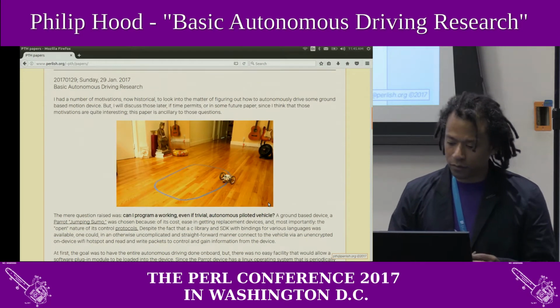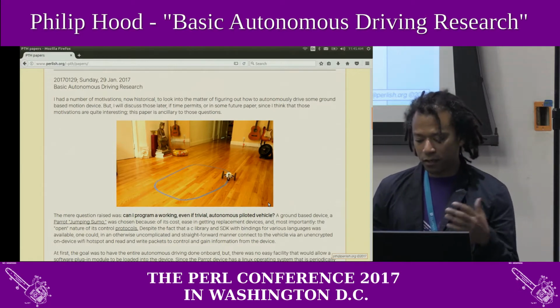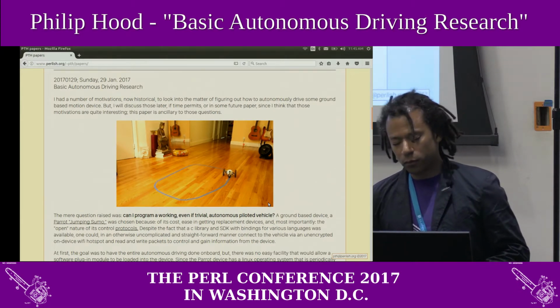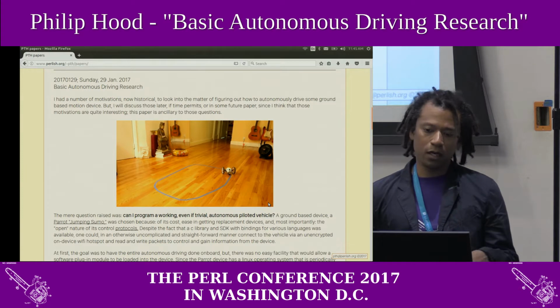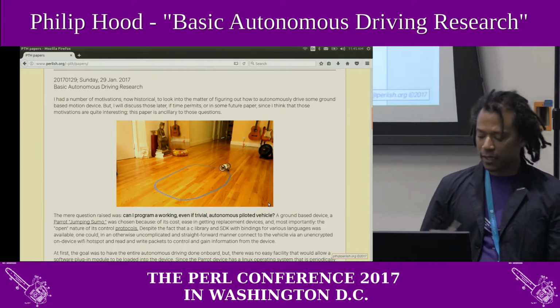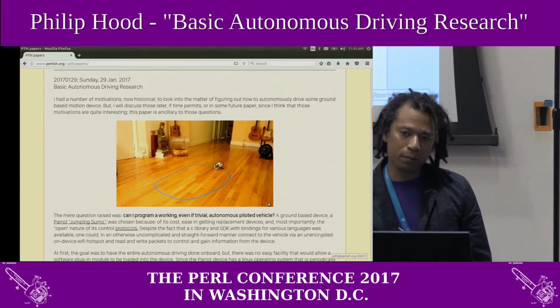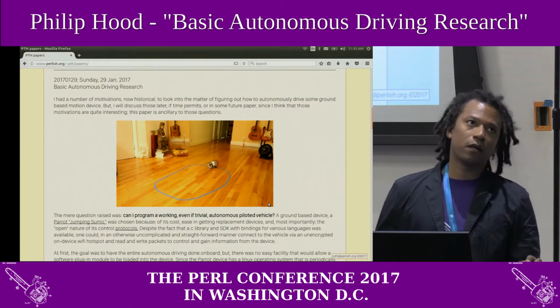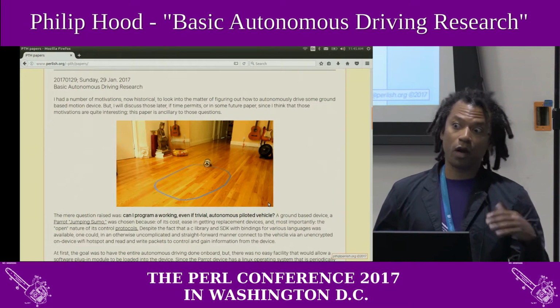So I had a number of motivations. Those motivations really were: how does one determine if it is possible to come up with a computational understanding of morality? In this case, a number of people were talking about the very interesting so-called trolley problem.